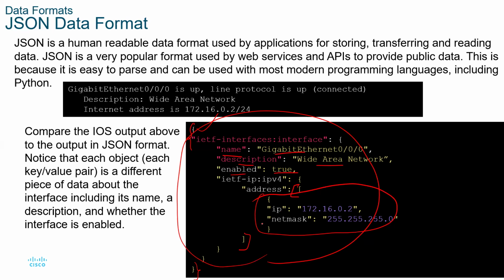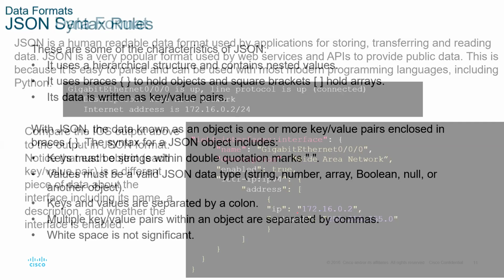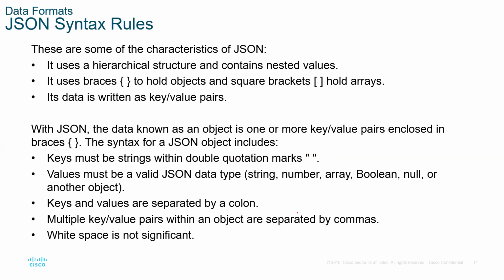Key, value. This is a key, this is a value. And all key value pairs are separated by this colon. That is JSON for you. So those are the syntax rules for JSON.